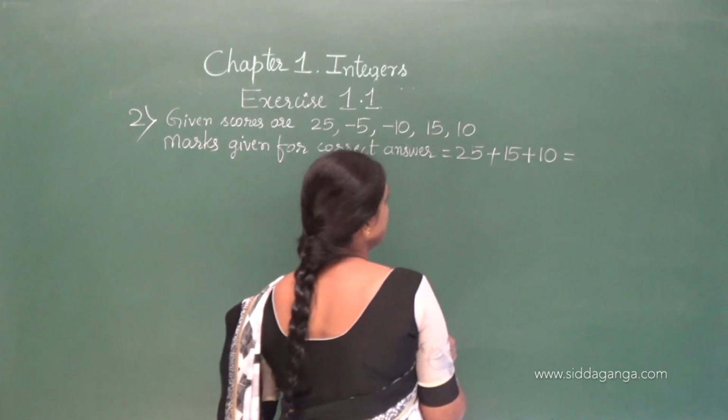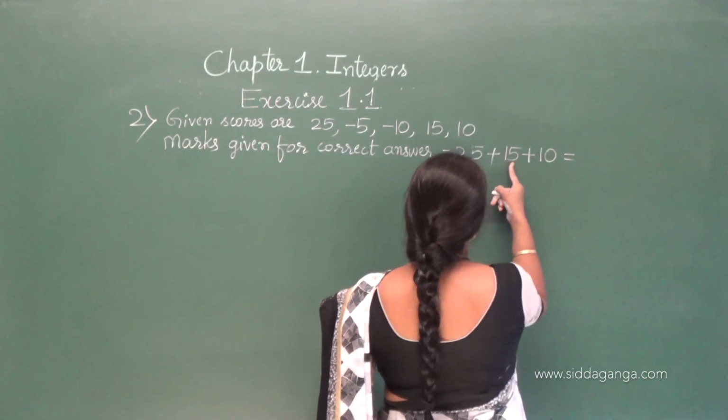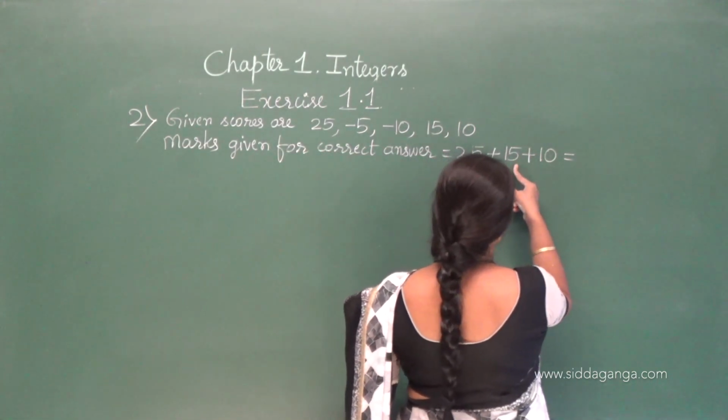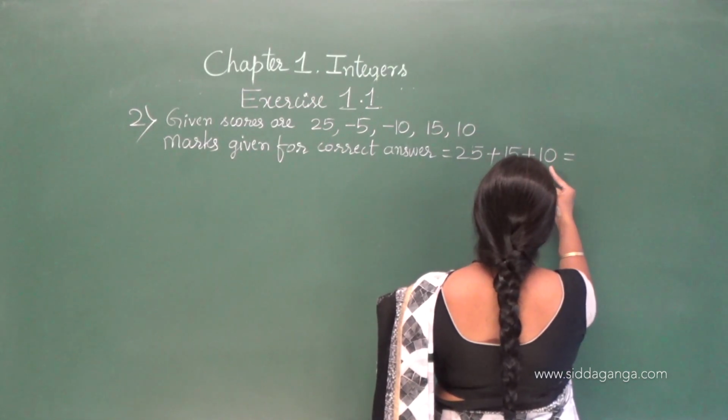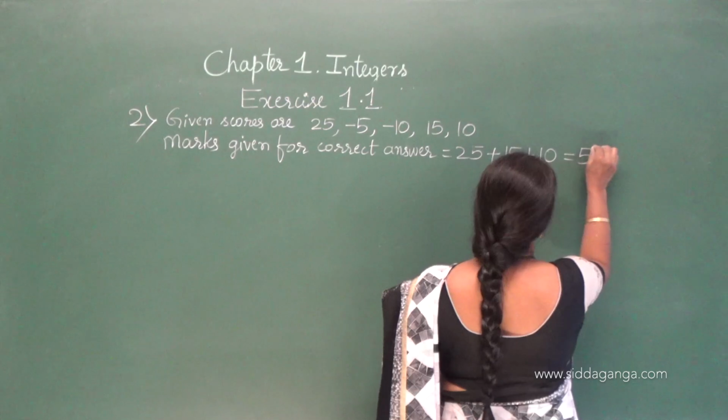Add these three numbers: 25 plus 15 is 40, plus 10 is 50.